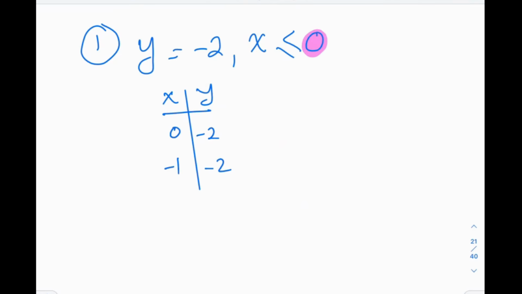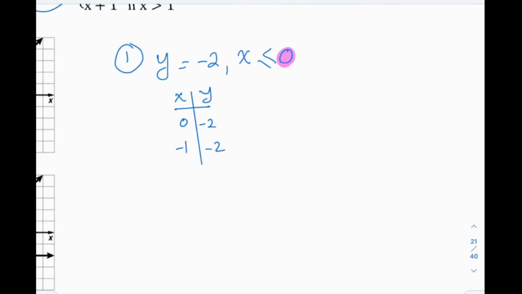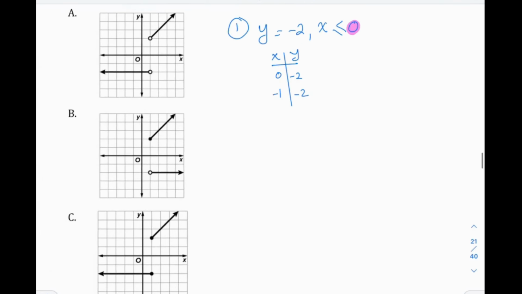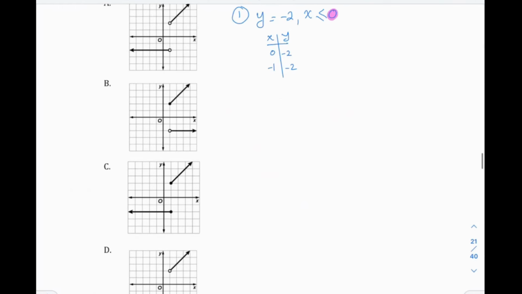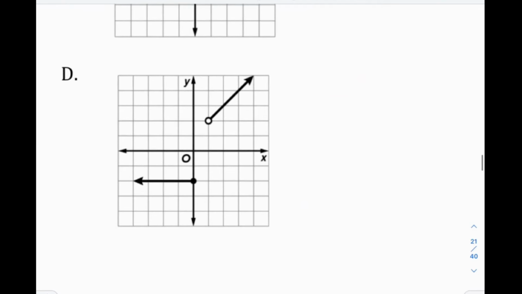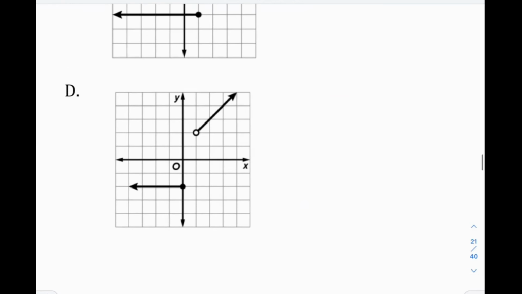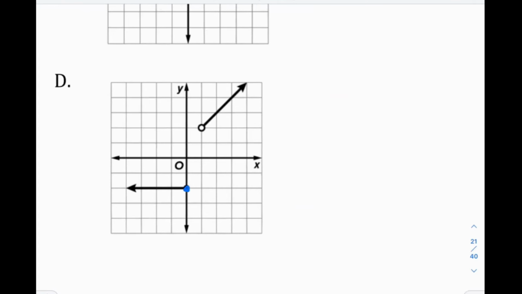That means for x less than or equal to 0, when you plot, you will have something like this. 0, -2, which is this one, and we will close the circle to indicate that the first point is included because there is an equal sign under the less than. So this is the first point.